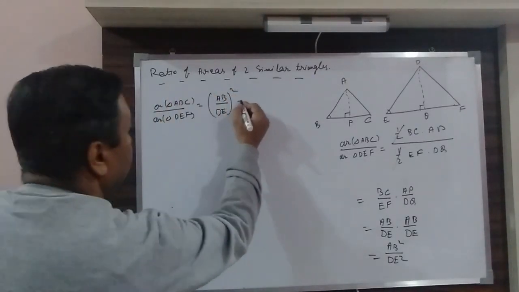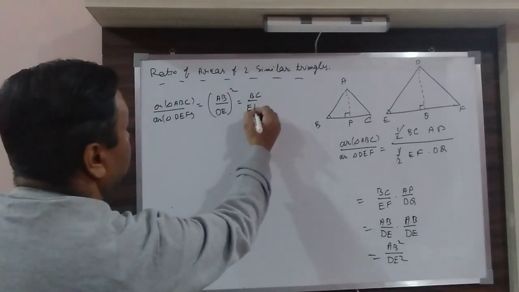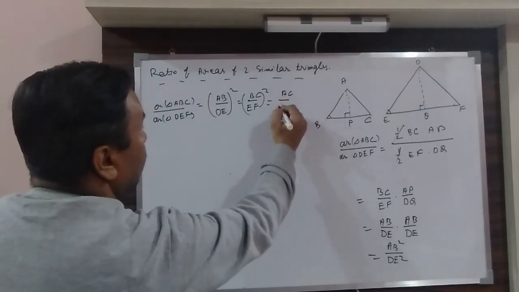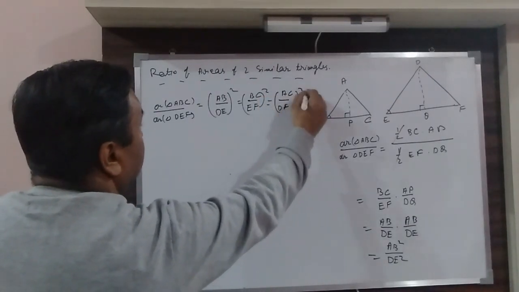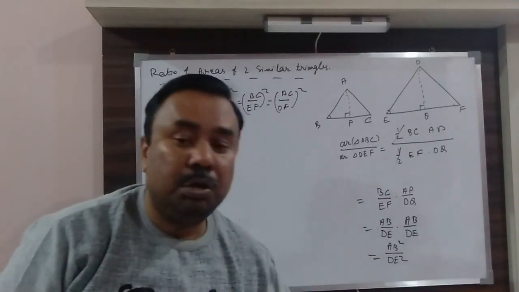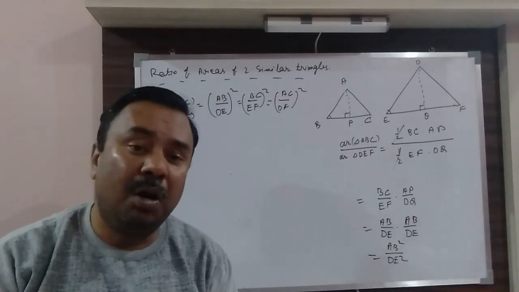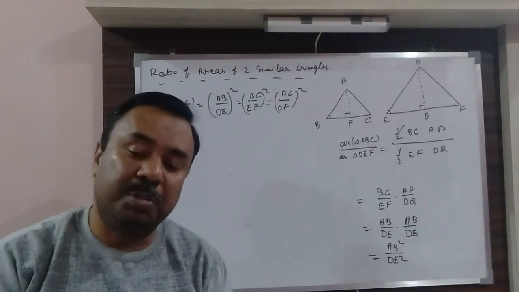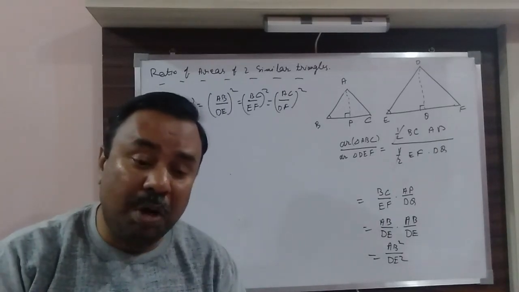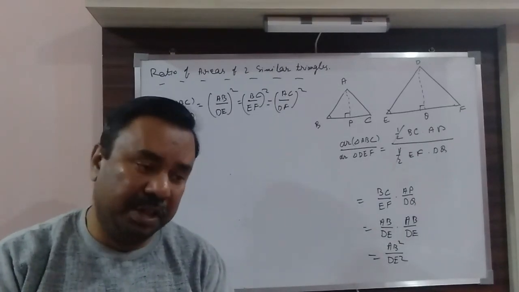Obviously, the ratio AB over DE can be replaced by BC over EF square, and the same will be equal to AC over DF square. Or I can say that the ratio of areas of two similar triangles is equal to the square of the ratio of the corresponding sides, or the ratio of the squares of the corresponding sides, as per your convenience.